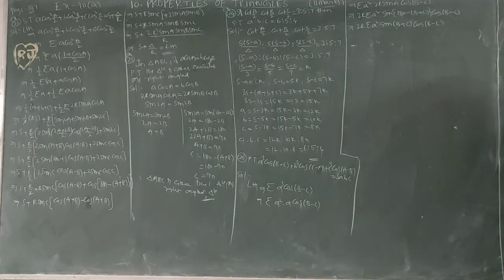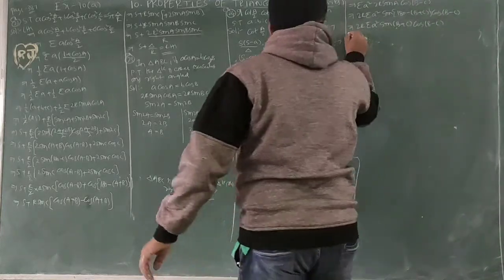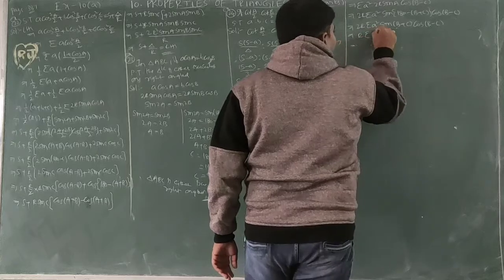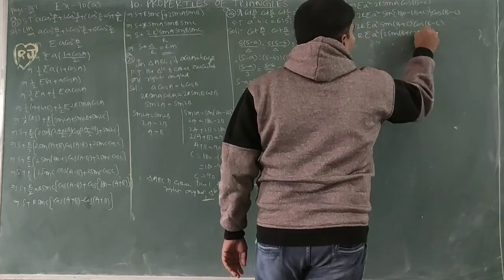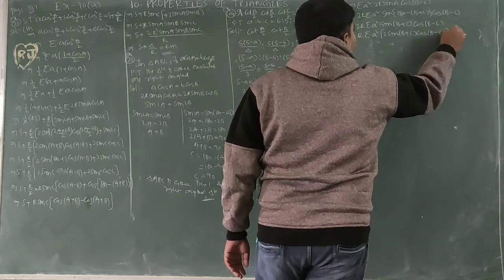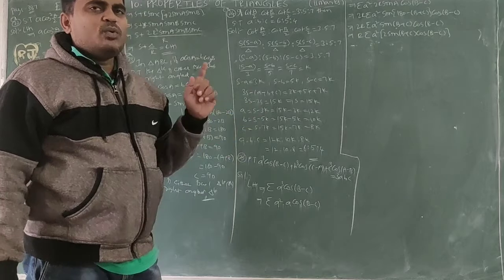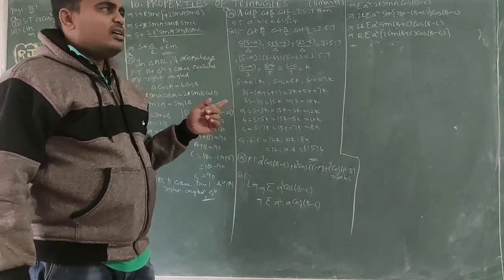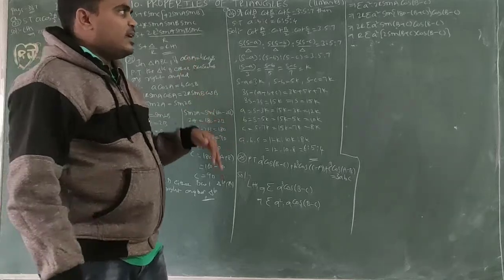Okay, next one, I am taking 2 inside: R sigma a square 2 sin (b plus c) cos (b minus c). Now the transformation, multiplication to addition: 2 sin A cos B is sin of the sum plus sin of the difference.